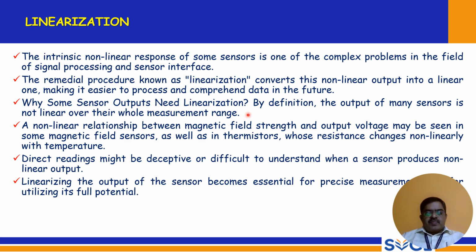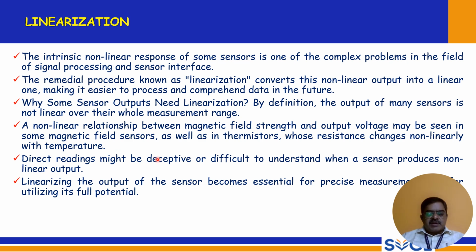The output of many sensors is not linear over their whole measurement range. A nonlinear relationship between magnetic field strength and output voltage may be seen in some magnetic field sensors, as well as in thermistors, where resistance changes non-linearly with temperature.